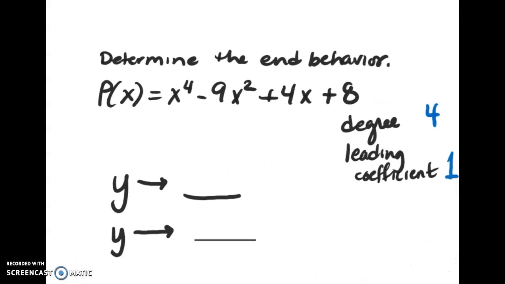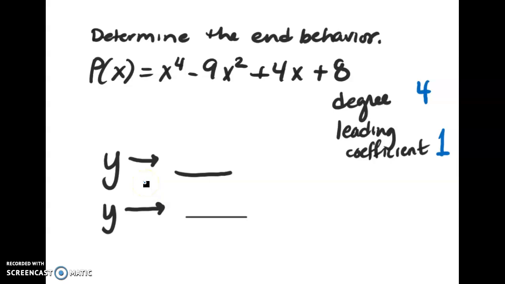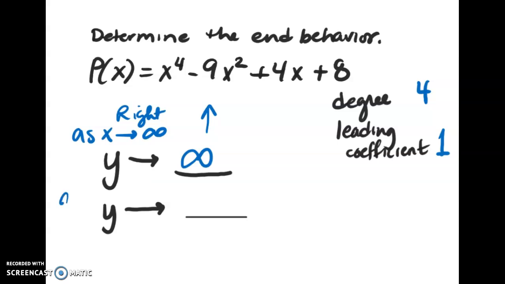So in answering this question, you're going to say as x goes to infinity, so this is to the right, the far right, y increases. So according to our chart, y is going to increase. And then as x goes to negative infinity, that means x is going to the far left side. We're going to see y increase without bound, which means it goes to positive infinity. So that's how you would answer that type of question.